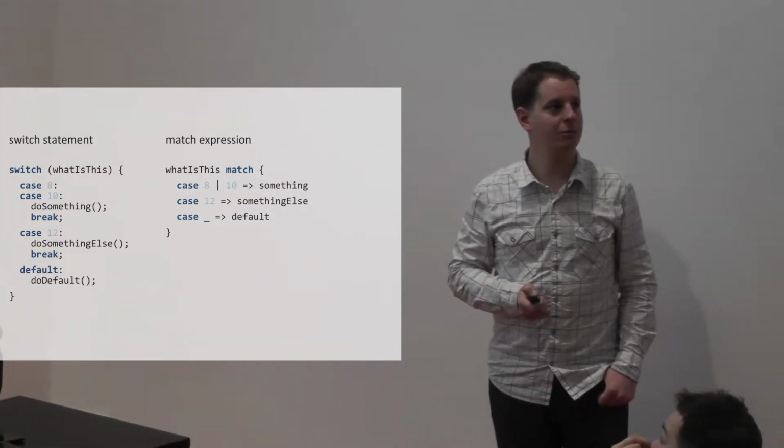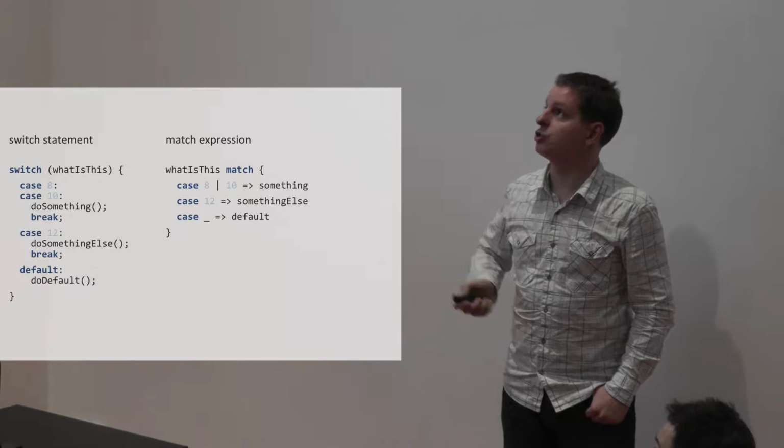So it is a very similar concept to the switch statement in Java, but you may spot a couple of differences. The main one is that switch is a statement. It doesn't return a value. It does something. It runs a procedure or a piece of code within the branch.